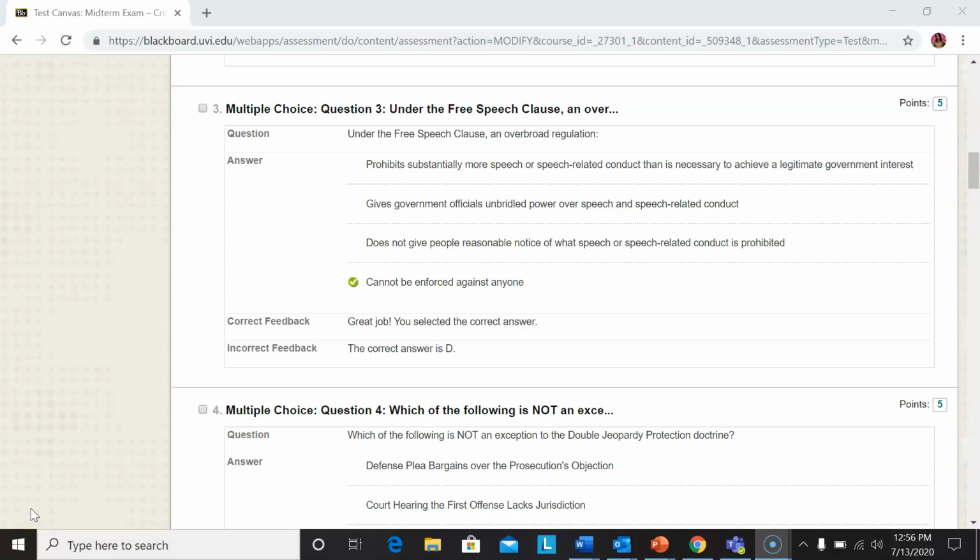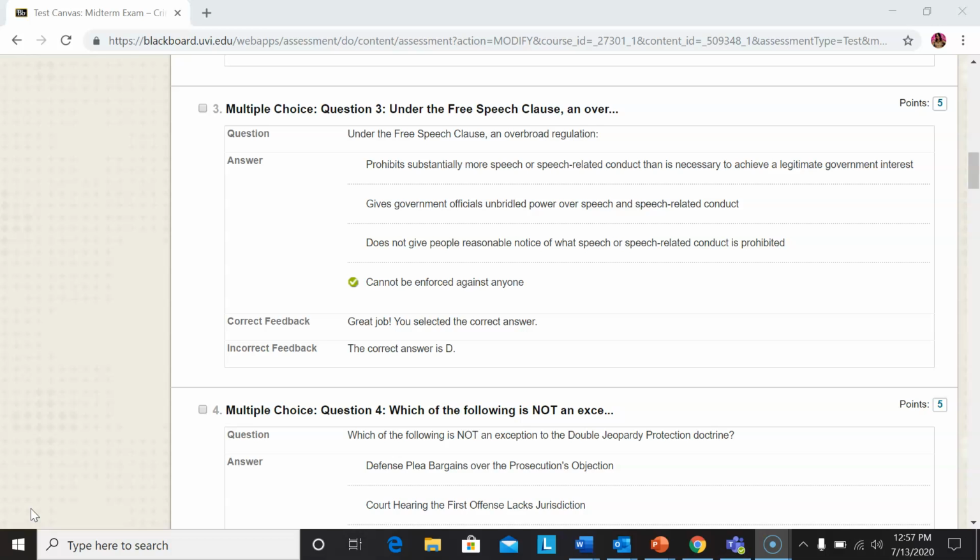However, that example did not apply to free speech. So with the example that I provided, the example that was in your book, as well as the explanation of an overbroad regulation, I said that I will accept that incorrect answer because I can see why you all would have chosen it, and everyone chose it.